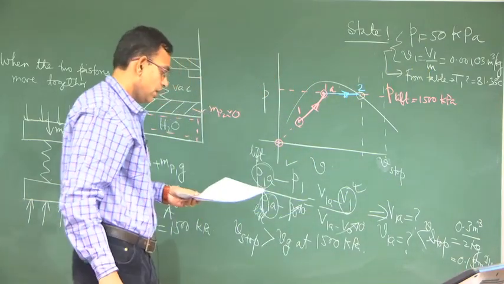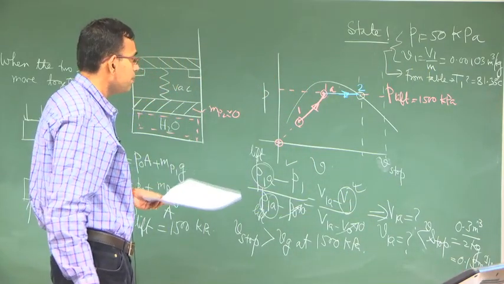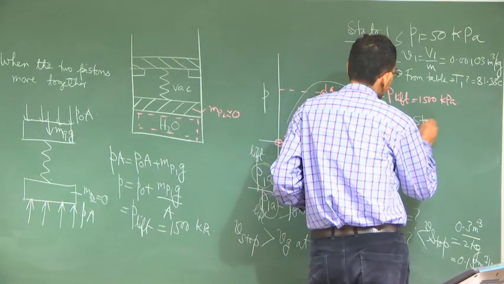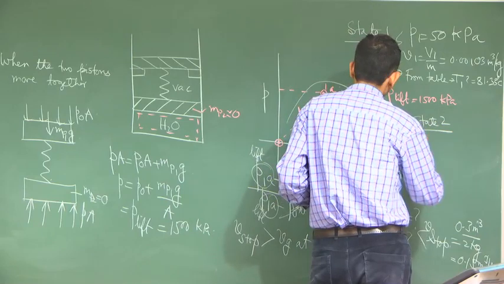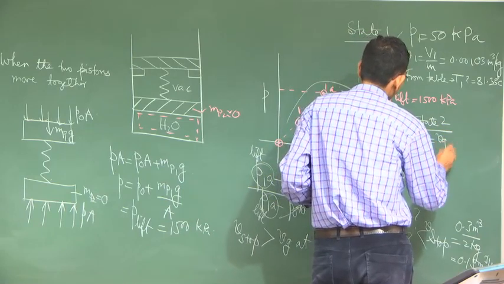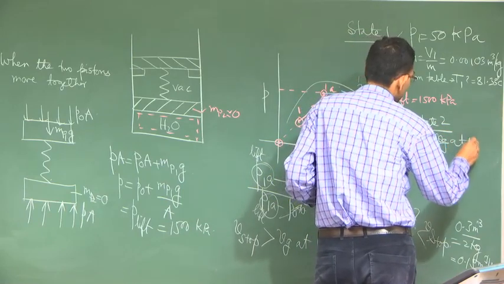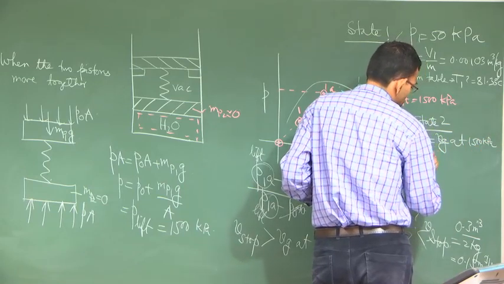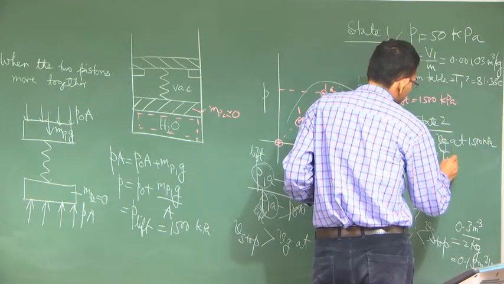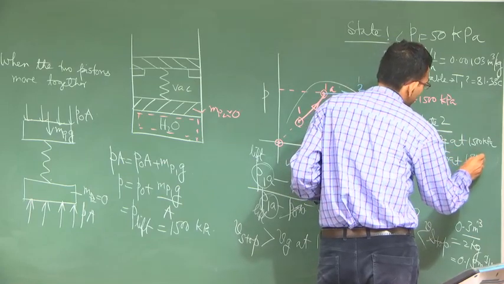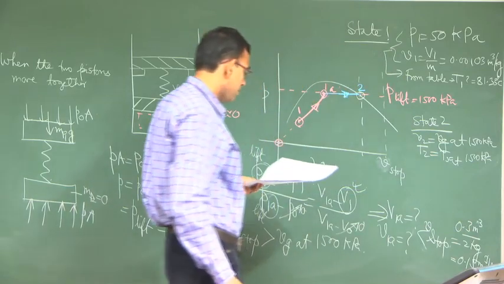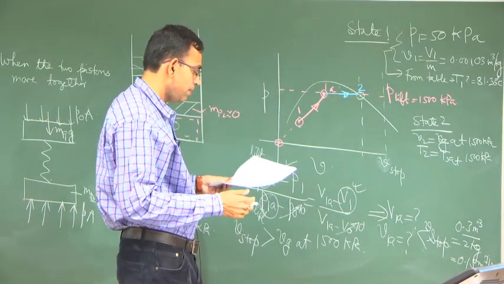Okay. Then the final temperature, pressure and volume. So, state 2: you have V2 as Vg at 1500 kilopascal, T2 as Tsat at 1500 kilopascal, and pressure is already 1500 kilopascal.